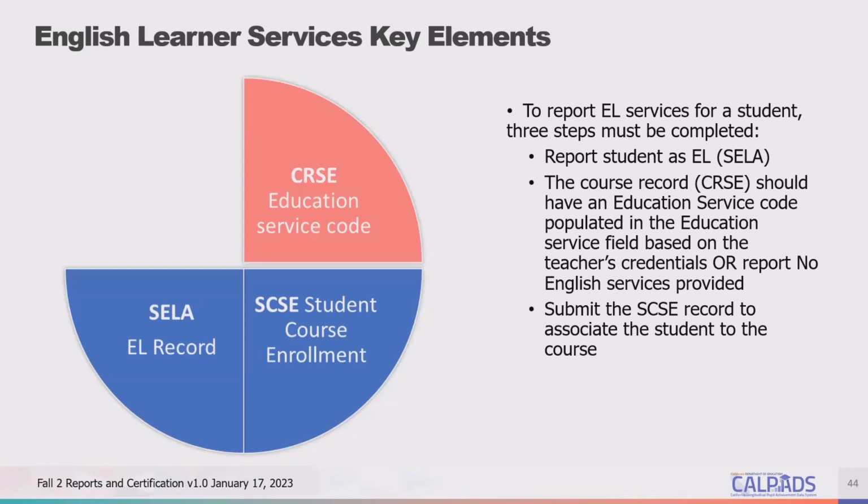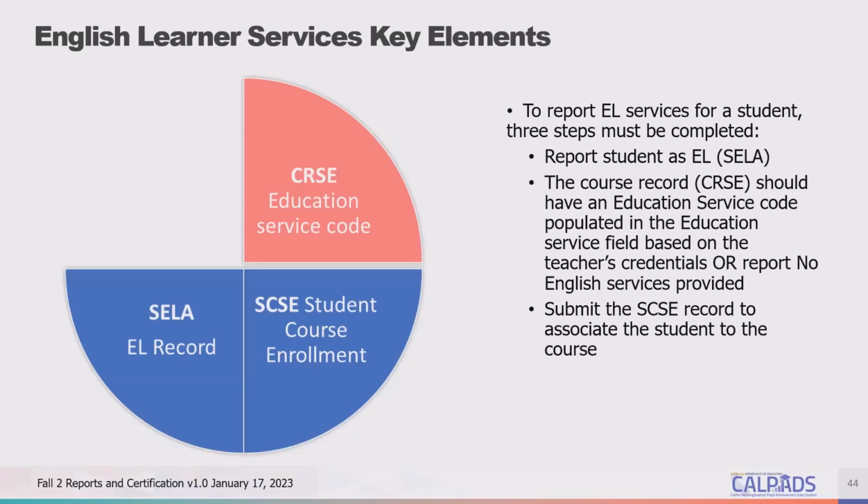Second thing, those English learner students have to have student course section records reported. They have to be enrolled into a course, because again, those EL services that are provided to them from the teacher outside of the LET program are reported in the course section. So EL students have to have an SCSE record. And of course, to have an SCSE record, you have to have a course record.